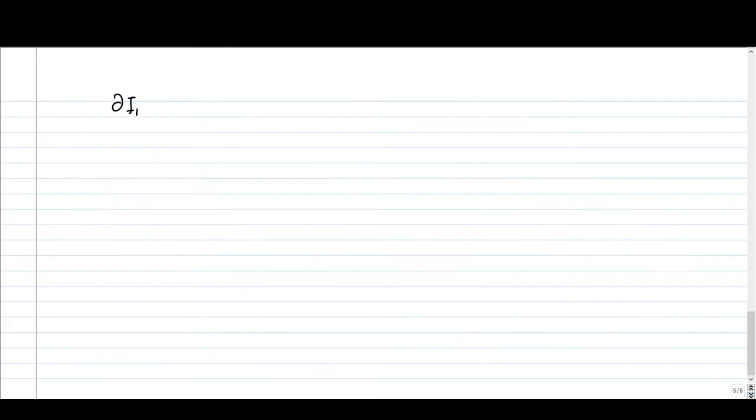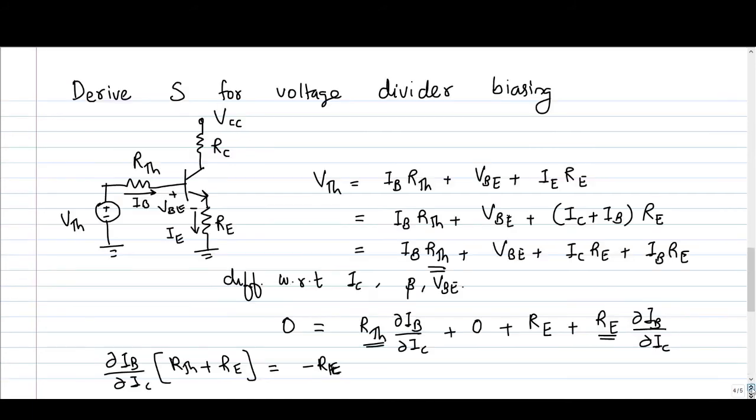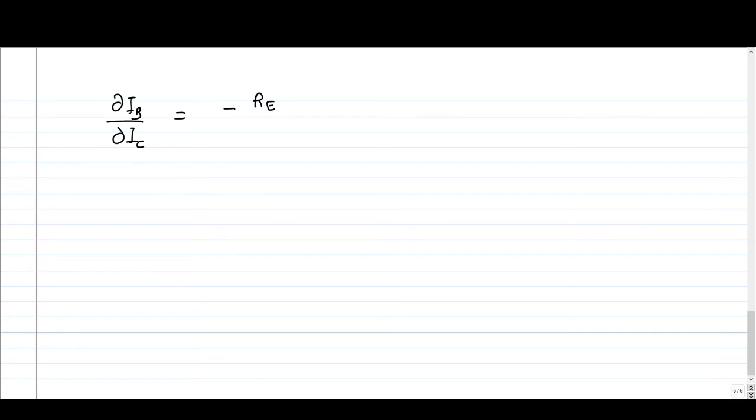Dou IB by dou IC for potential divider biasing is minus RE divided by RTH plus RE. This is equation 2.